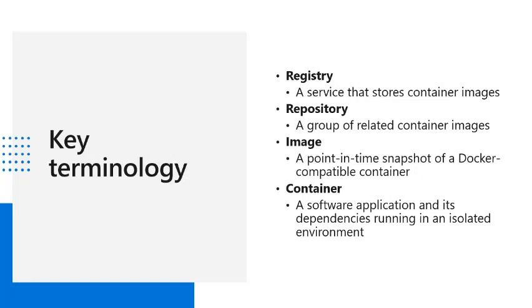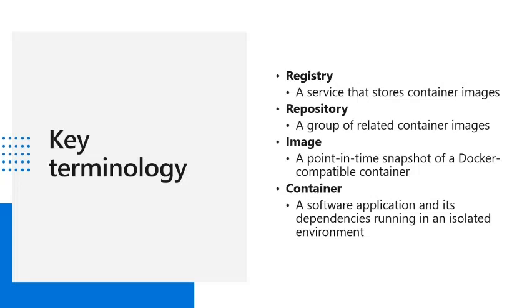And a container defines a software application and its dependencies wrapped in a complete file system including code, runtime, system tools, and libraries. Docker containers are based on Windows or Linux images that you pull from Container Registry. Containers running on a single machine share the operating system kernel.